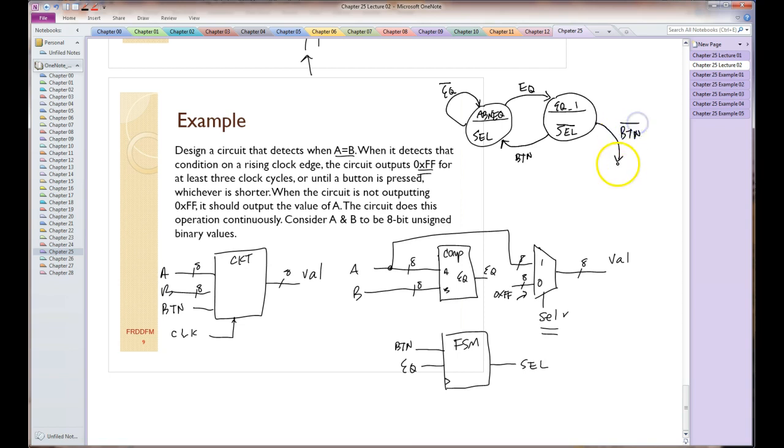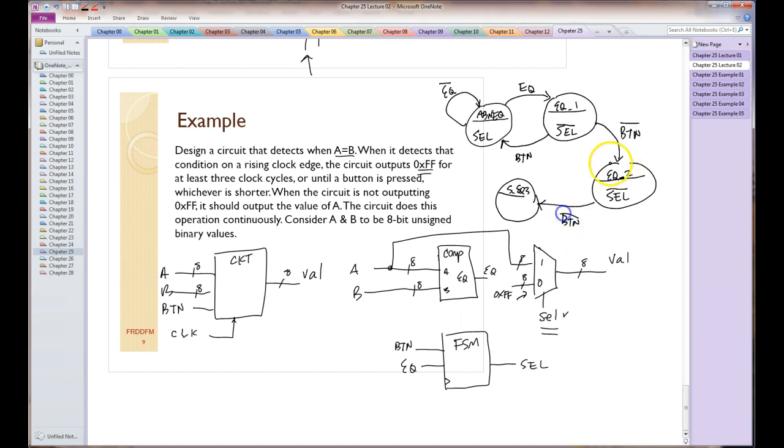If the button's not pressed, EQ, we'll call this EQ2, and I'm still in that wait pattern, and I'm still outputting FF. And notice that EQ has nothing to do with the circuit anymore, and I need one more of these. I believe this is EQ3. That's the button not pressed.